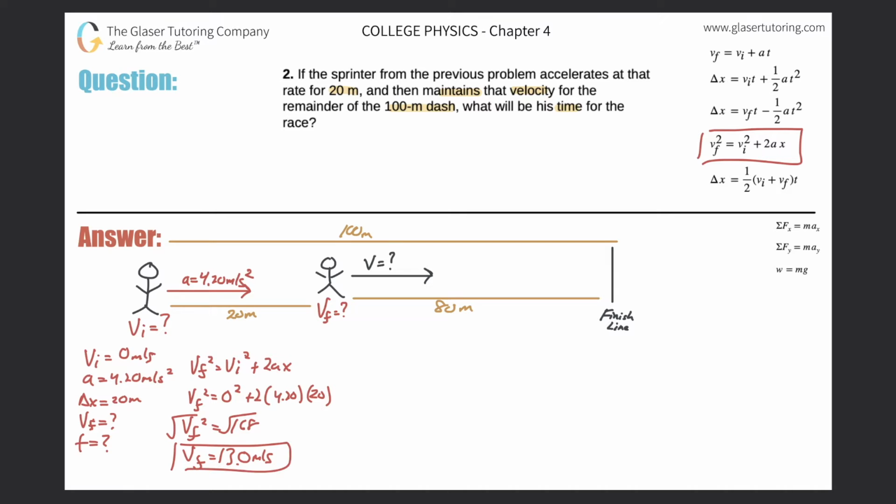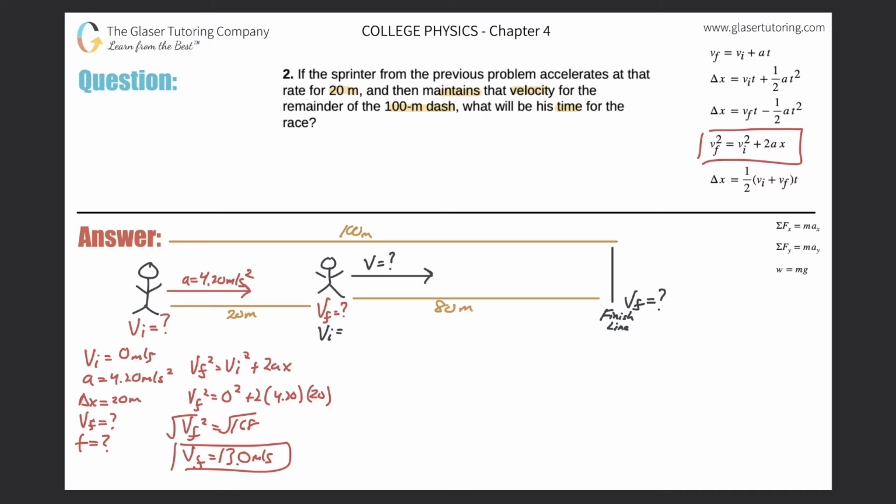Now, this is important, all right? So now the final velocity at this location is 13.0 meters per second. And remember, the velocity at this particular point is only the final velocity if I'm considering this part of the problem as my frame. But when I change frames and consider this part of the problem as my next part, this final velocity turns into the initial velocity, meaning that it is now the initial velocity of this frame over here, and the velocity at the end would be considered my final, okay?